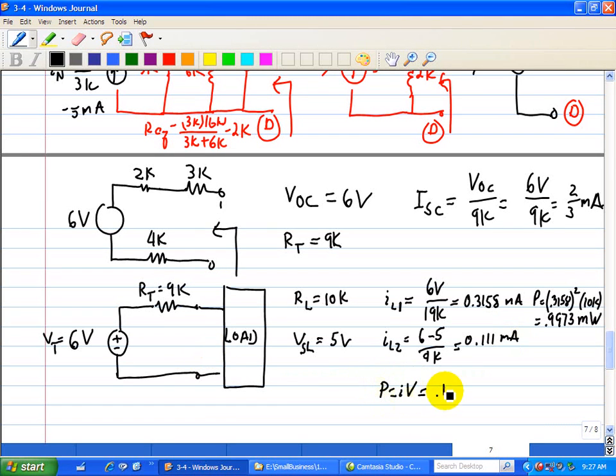So 0.111 milliamp times 5 volt is simply 0.555 milliwatts. In this case, the voltage source load is absorbing rather than delivering power.